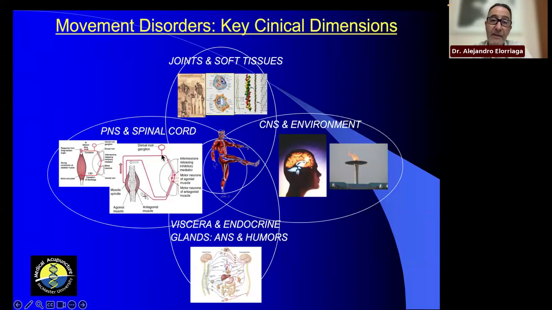Then, the different clinical dimensions that here I've grouped in 4 levels: joint and soft tissue issues; peripheral nervous system and spinal cord; central, supraspinal, and environmental dimension; and the rest: visceral, endocrine, autonomic nervous system.